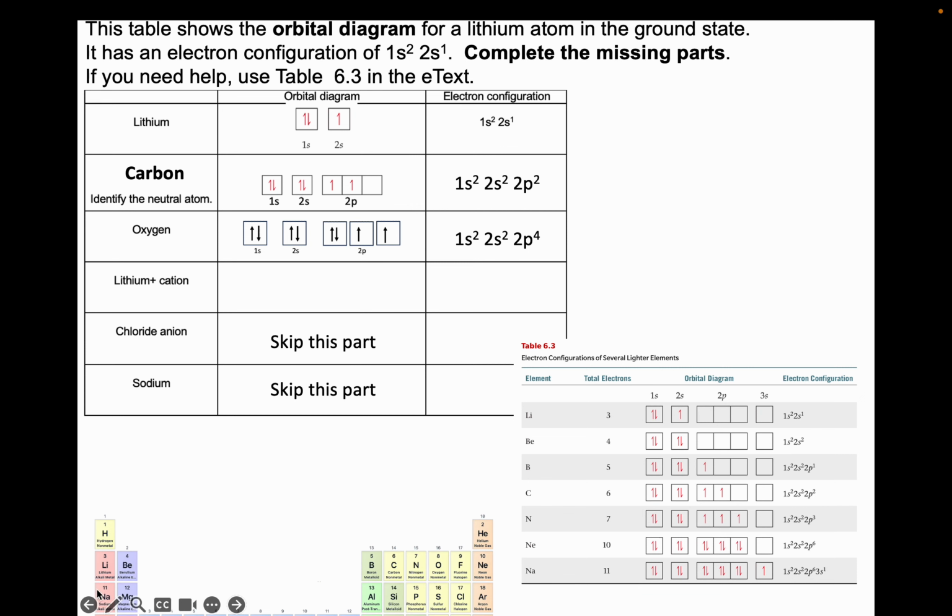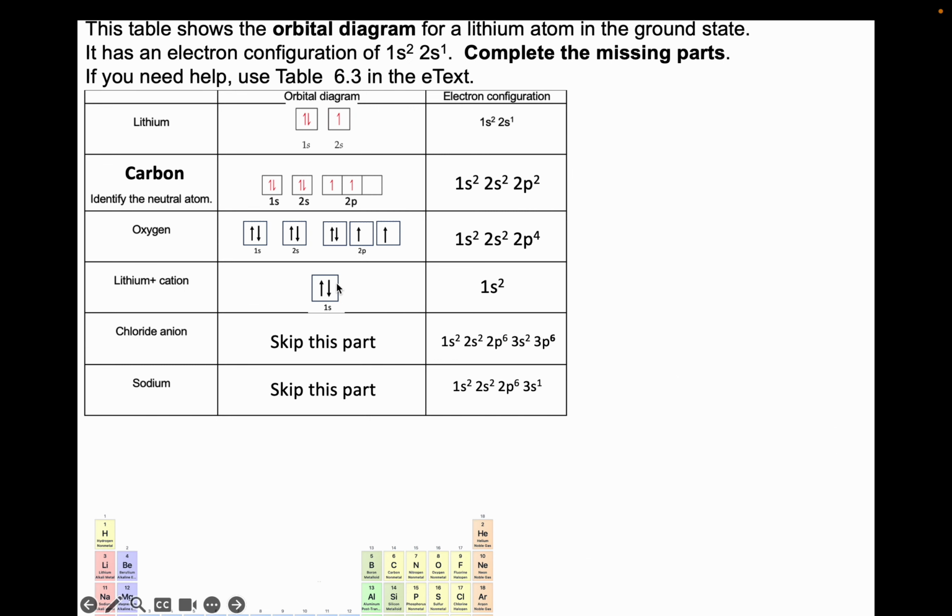A lithium neutral atom has 3 electrons. If it's a lithium plus cation, it's down to 2, so that would be 1s2, and this would be the orbital diagram. And then finally for the chloride, within the chlorine atom I have a total of 17 electrons. 1s2, 2s2, 2p6, 3s2, 3p6.